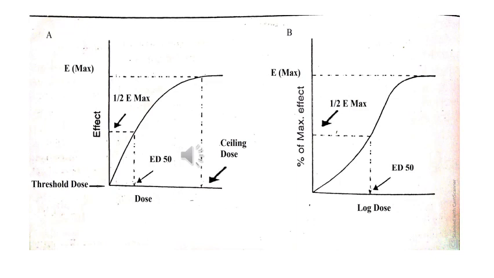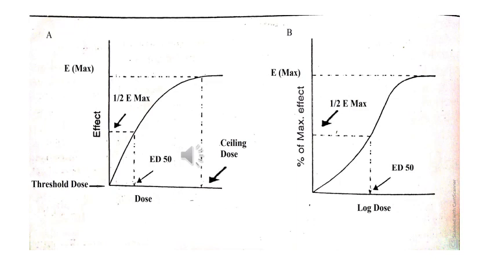And the other term that is mentioned here is ED50. It is basically effective dose 50 or median dose 50. It is the dose which produces half of the maximal response. These definitions are written in the next slide, but here we are going to understand what these terms mean.